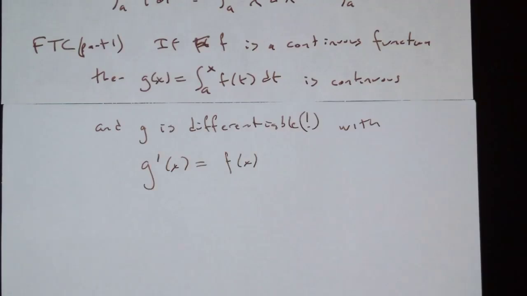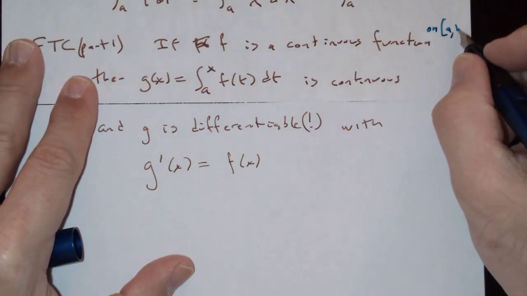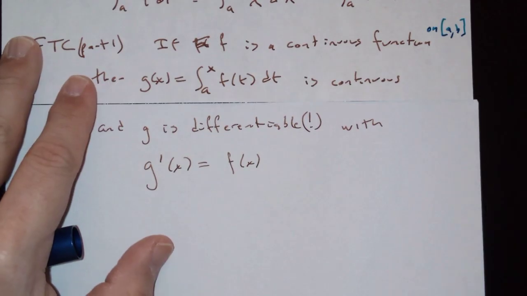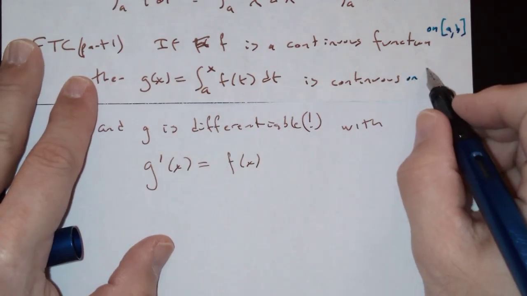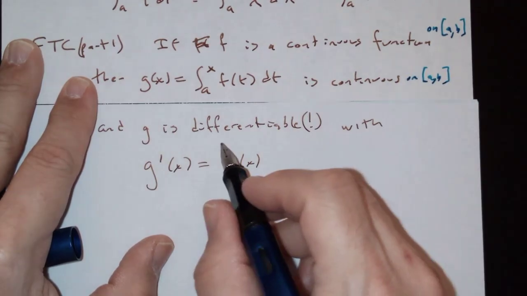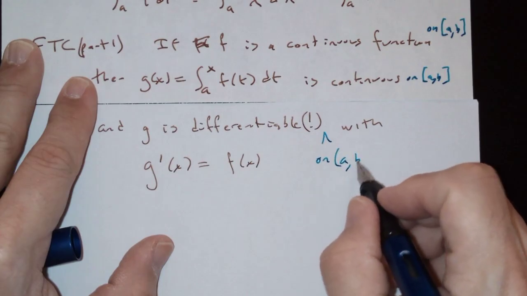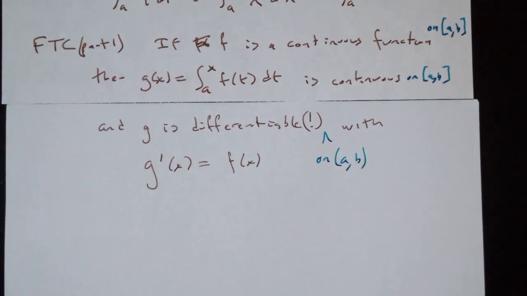I should be a little more pedantic here and say this is a continuous function on some interval. And then this will be on the same interval. But my derivative may not actually work at each end.